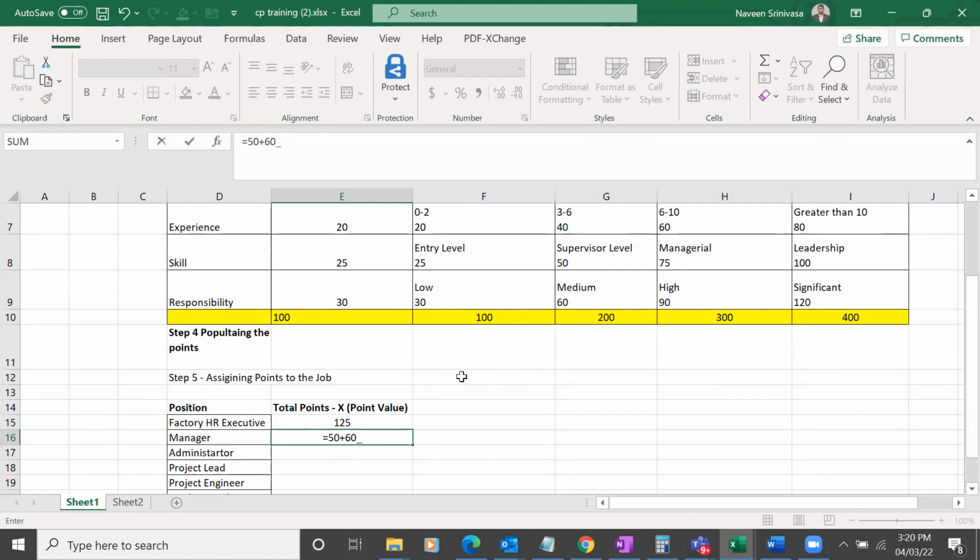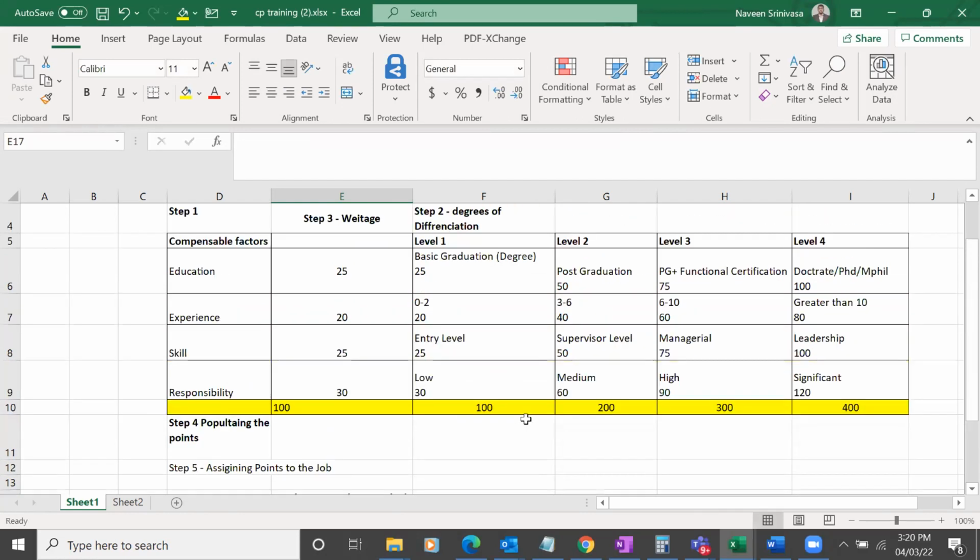Okay, that's 75, then 90. The first one is 50, 20, 25, 30.